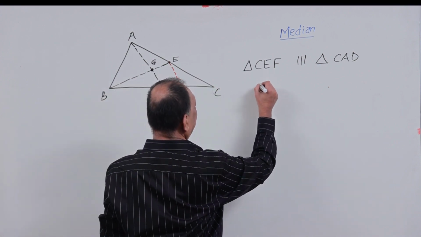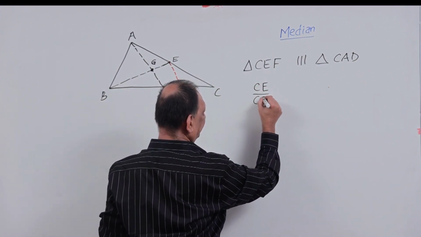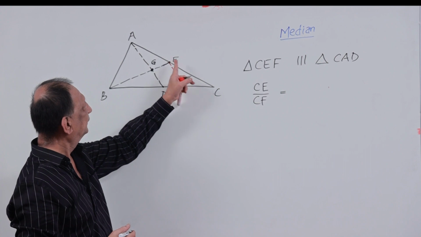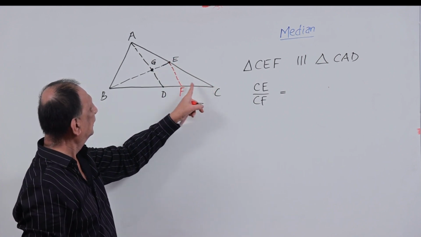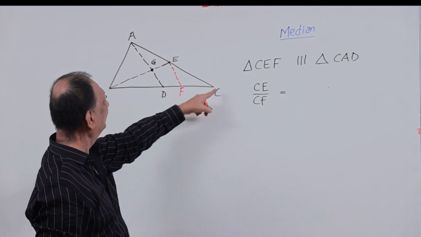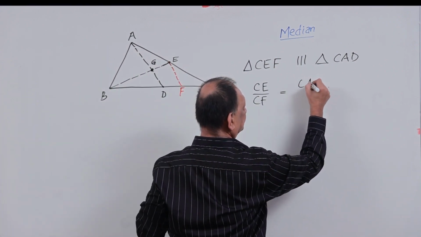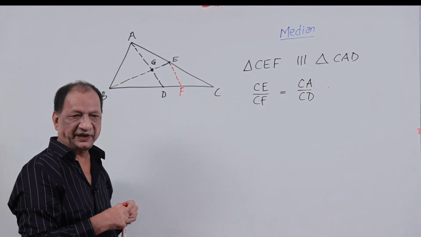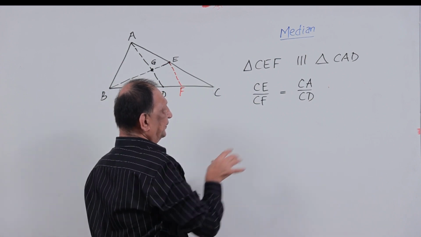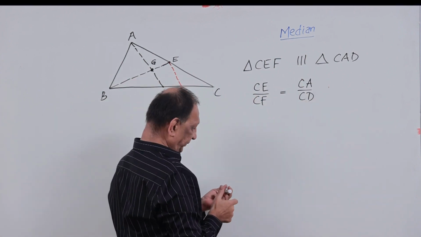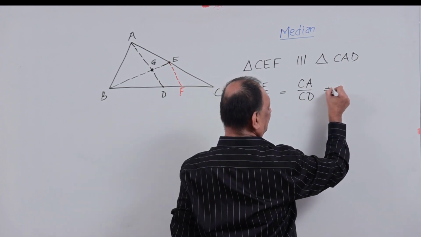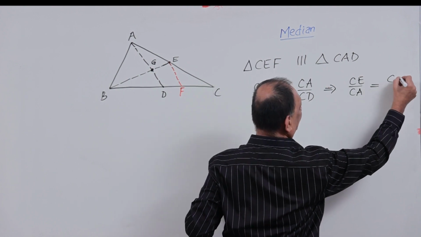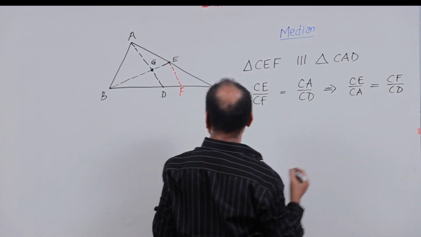Here is CE divided by CF, should be same as CA divided by CD. Correct? Now we exchange the denominator and numerator. I can relate the same thing as this implies CE by CA equals CF by CD.